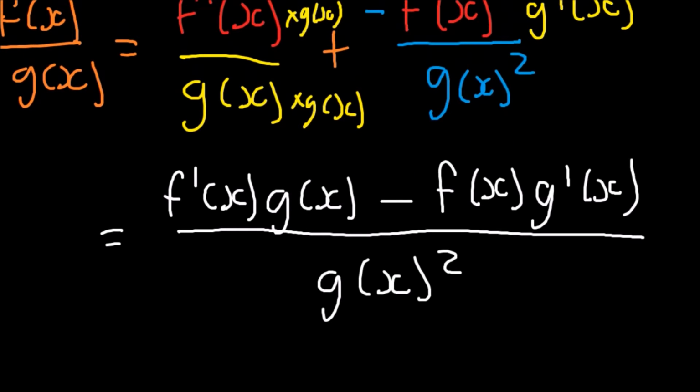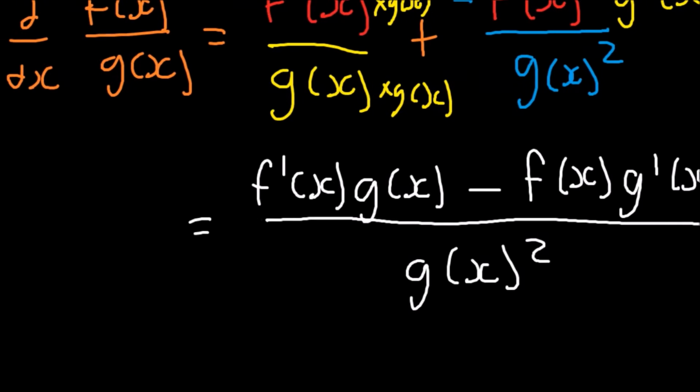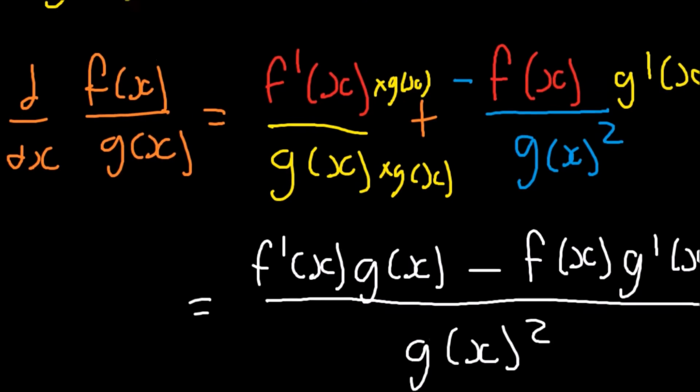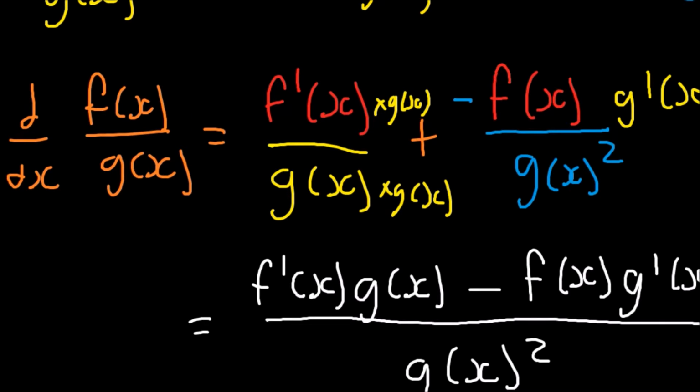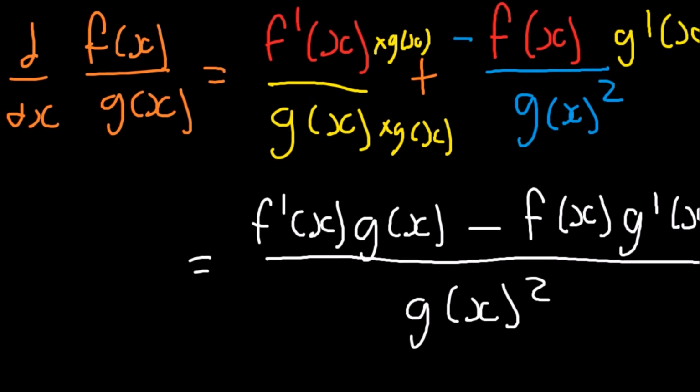So you technically don't need the quotient rule, because the quotient rule is just a combination of the product rule and the chain rule. Let's look at one last example where we have the whole quotient rule.